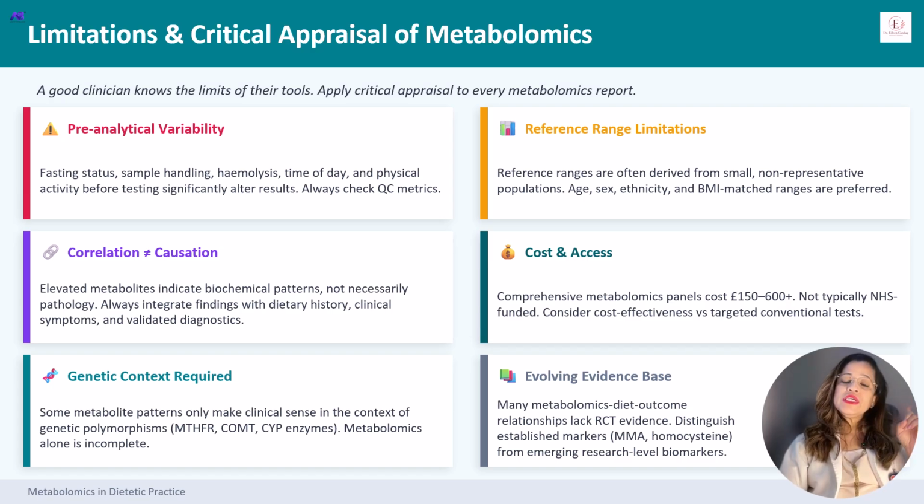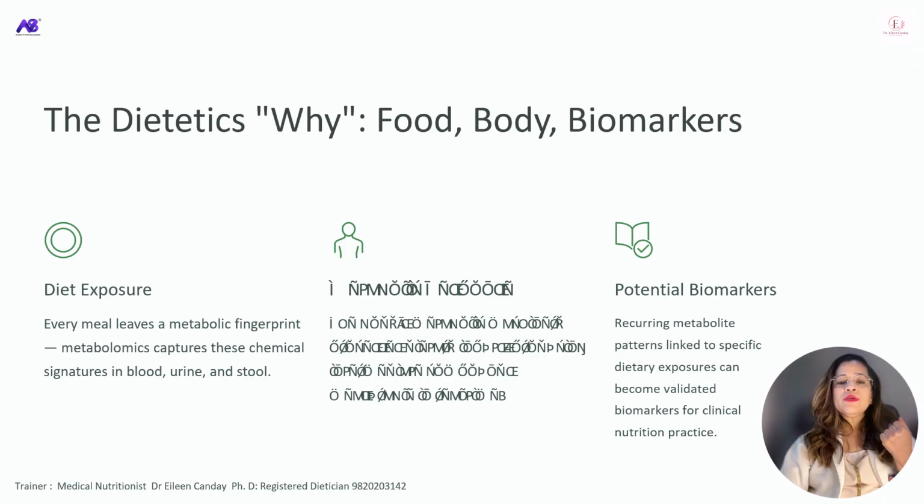So always integrate metabolomics with a 24-hour dietary recall, food frequency questionnaire, and anthropometric measurements, right? The cost, I don't know exactly; it could vary with different labs. Your institution could also be offering these tests, so you can check online what the costing is.